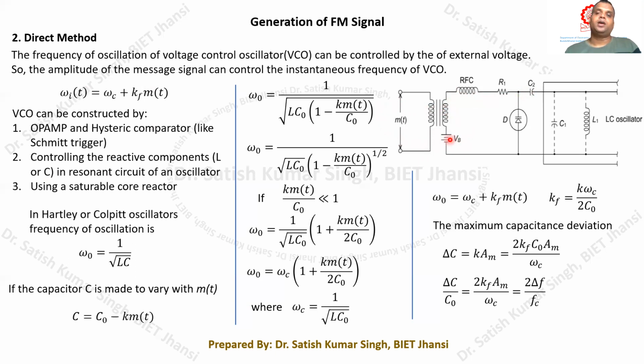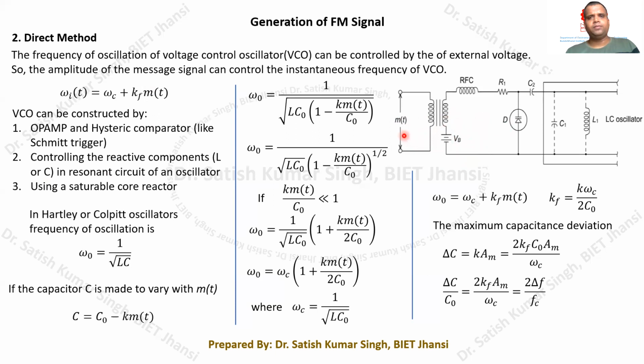Its function is to give the appropriate reverse bias to this varactor diode whenever the message signal is absent. Whenever the message signal equals 0, it has to be in reverse bias, and that reverse bias is given by this DC voltage.